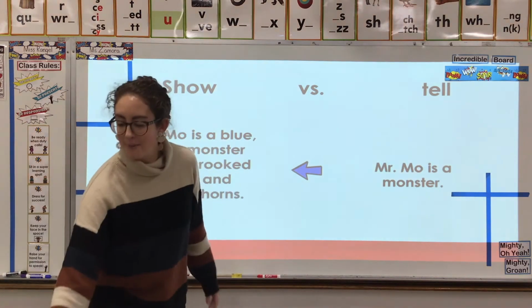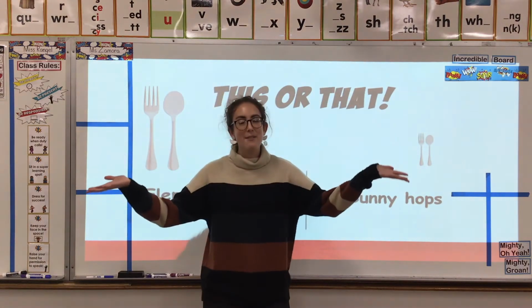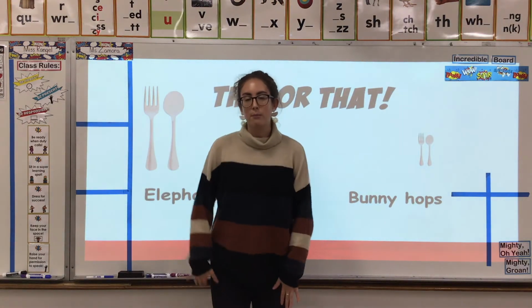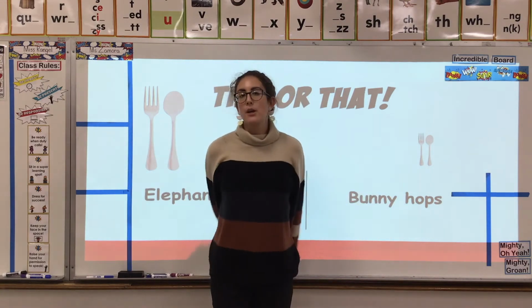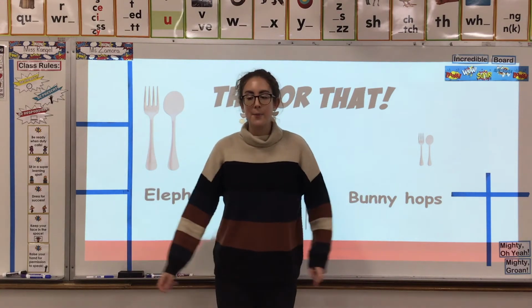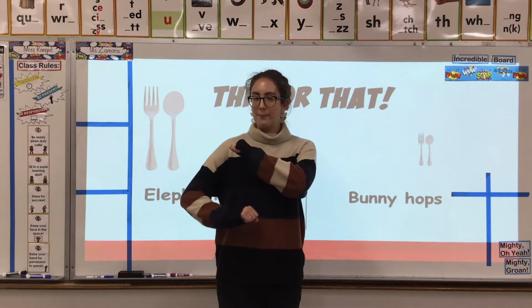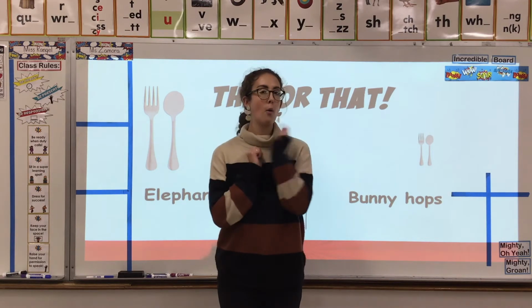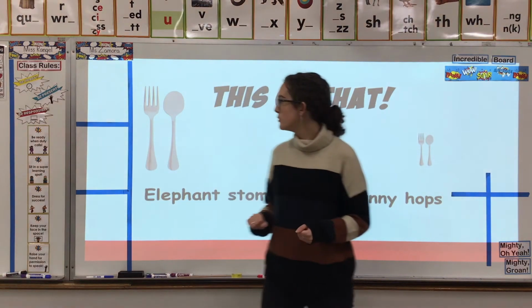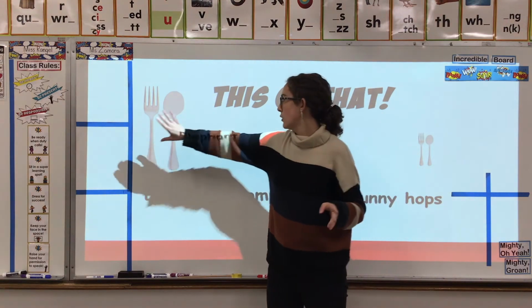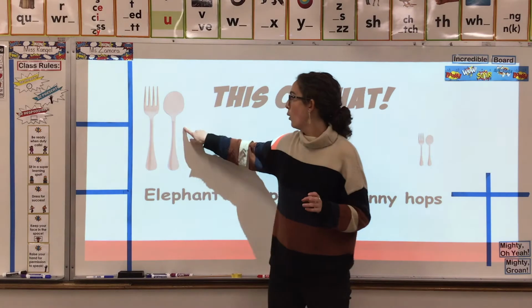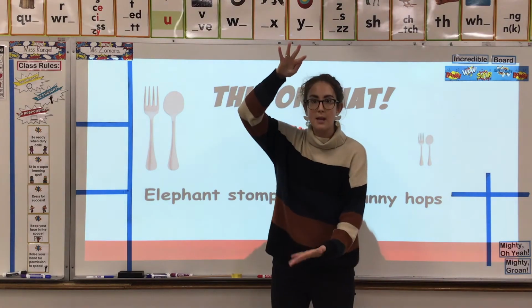But before we get there, let's give ourselves a break in writing real quick before we start modeling. So, can you stand up with me so we can give ourselves a break today? Okay, so this or that. Would you rather use huge utensils, so like a huge fork or spoon, like really, really big?